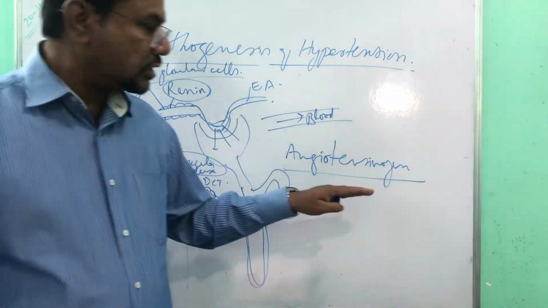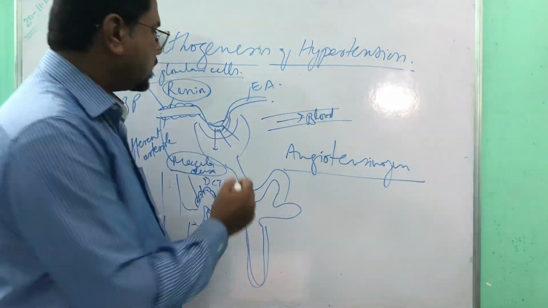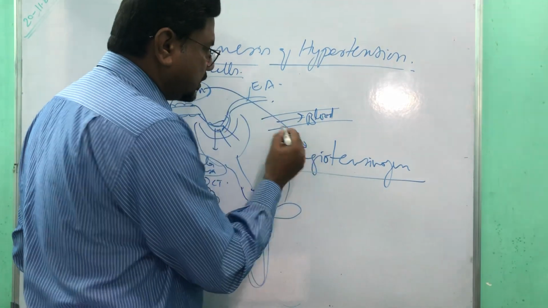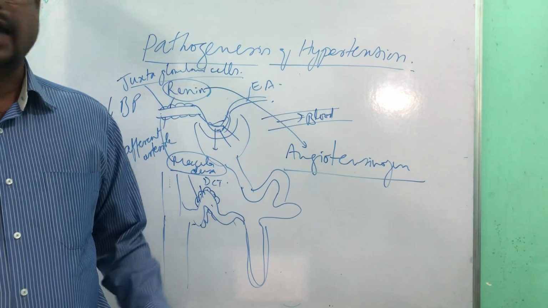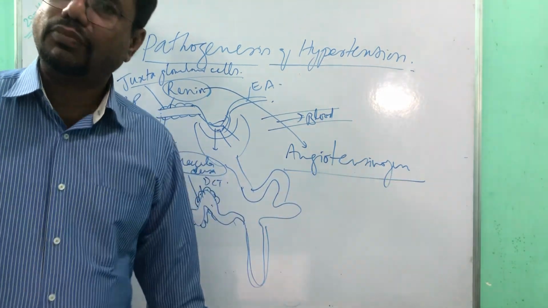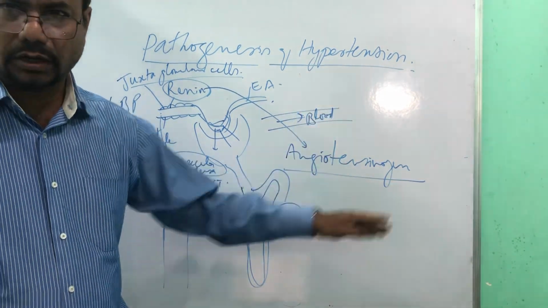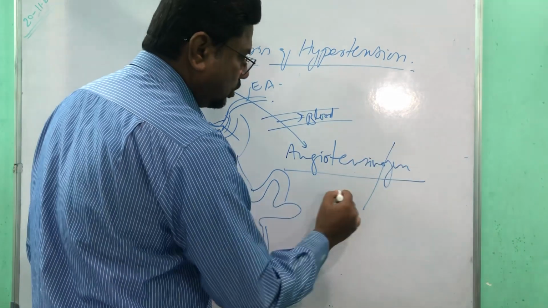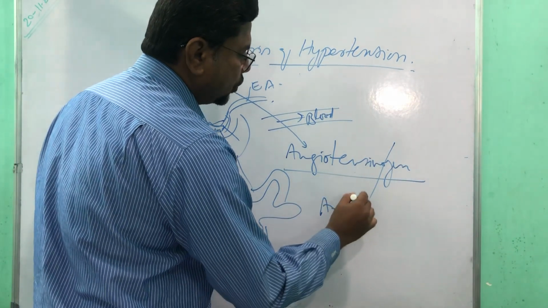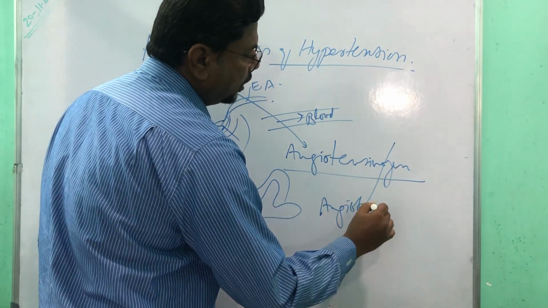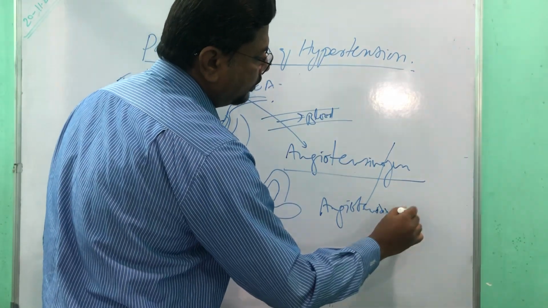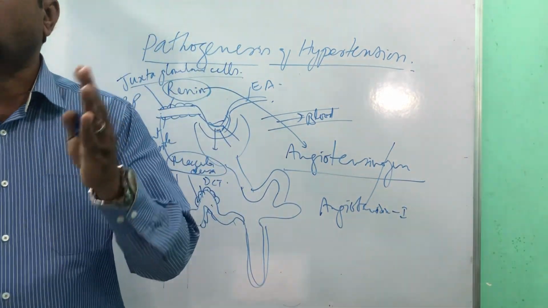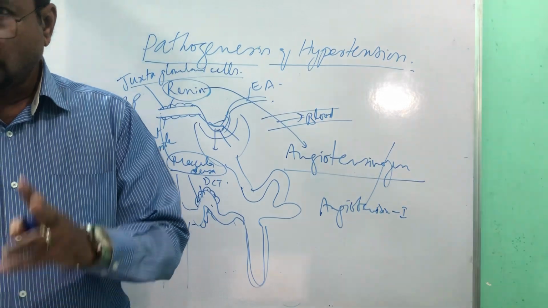Angiotensinogen is present in blood. When renin is released, it acts on angiotensinogen and breaks it down to angiotensin 1. Now angiotensin 1 is formed in the blood.